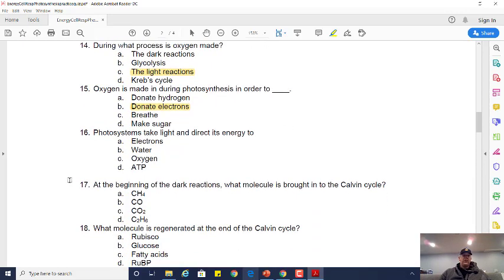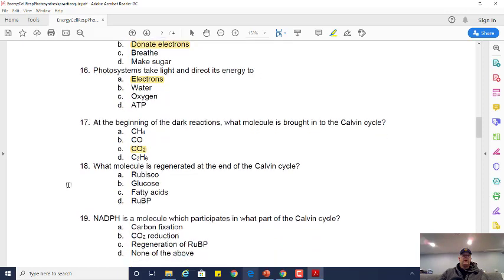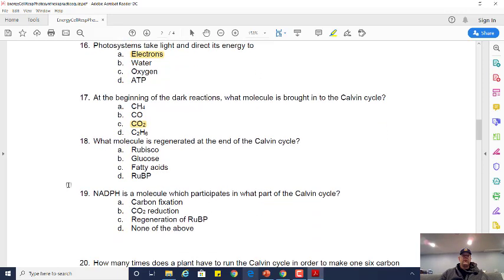Number 16, photosystems take light and direct its energy to, ding, electrons. 17, at the beginning of the dark reactions, what molecule is brought into the Calvin cycle? You said CO2. Good job. Number 18, what molecule is regenerated at the end of the Calvin cycle?